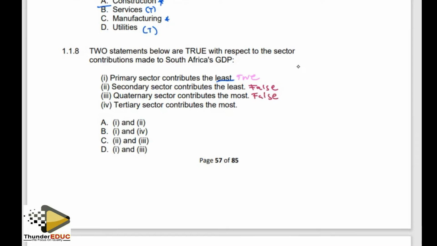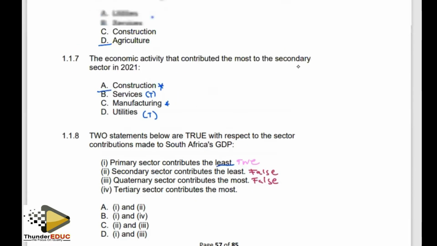This is statement number 4. It says the tertiary sector contributes the most. We go back to our table to find out if indeed the tertiary sector did contribute the most to the GDP of South Africa.